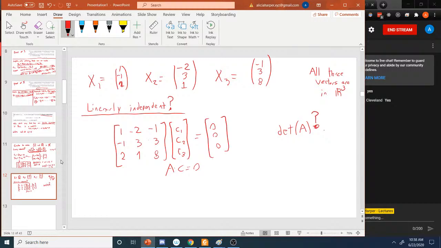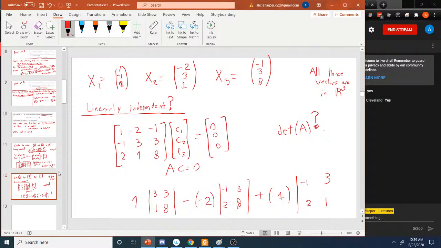Okay, so here's how we do that. We're going to do a cofactor expansion along the first row. So we'll have 1 times the determinant of 3, 3, 1, 8, minus -2 times the determinant of -1, 2, 3, 8, and then plus -1 times the determinant of -1, 3, 2, 1.